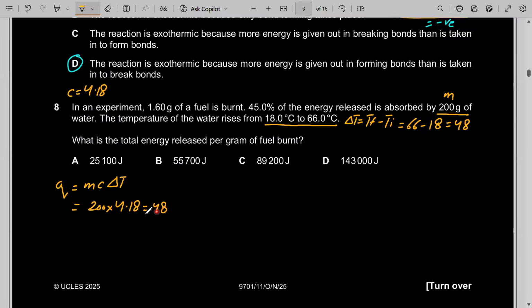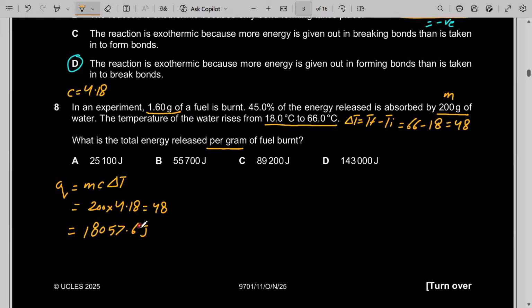Now the answer of this calculation will be equivalent to 18057.6 joule. But it says that 1.6 gram of the fuel was burned. How much energy is released per gram? That means you need to divide by 1.6.